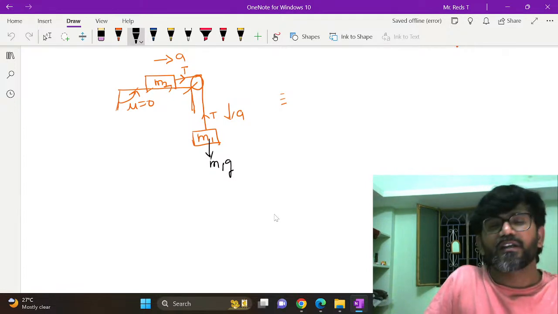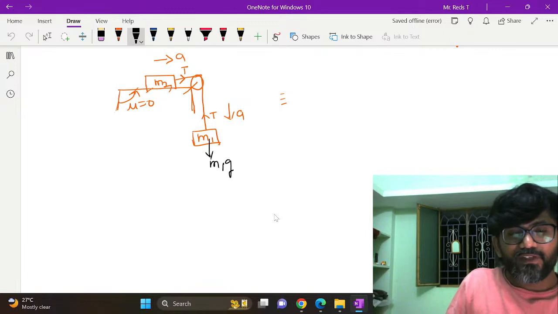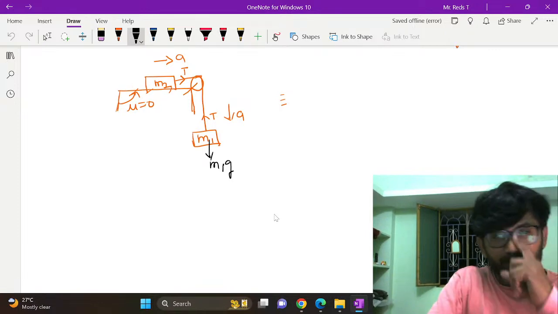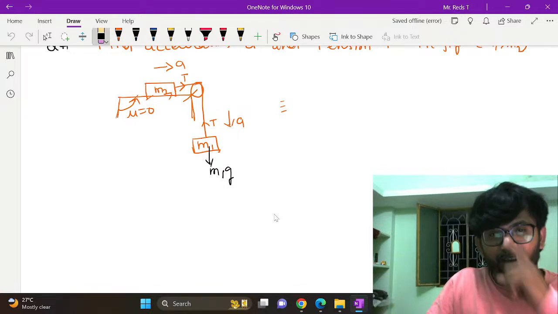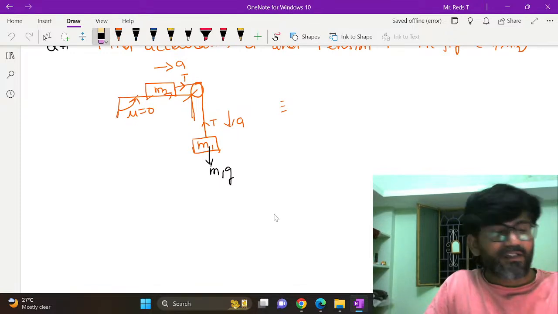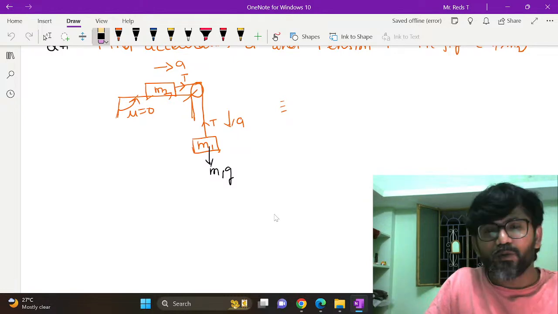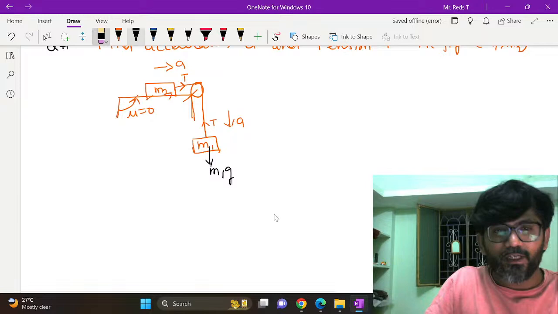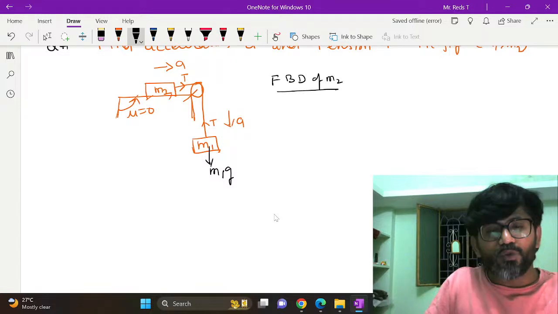So now on M2, let us take it in terms of the free body diagram procedure only. Free body diagram of M2, because on M2 the only force acting is tension. On M1, two forces are acting.